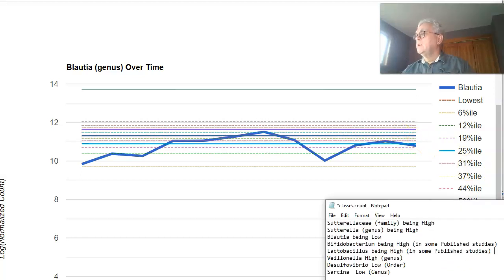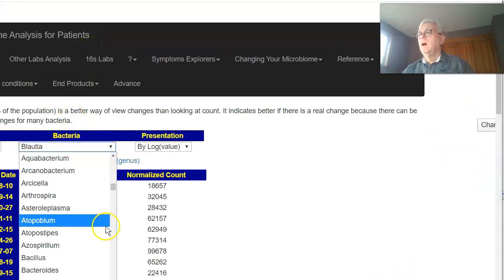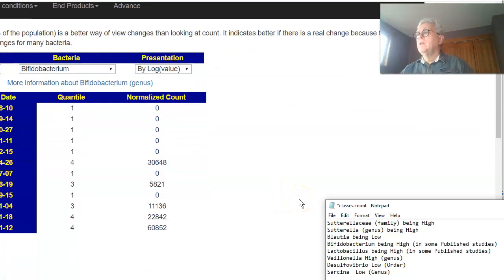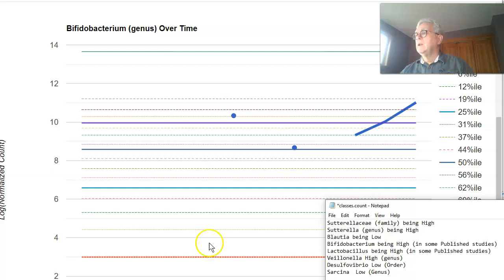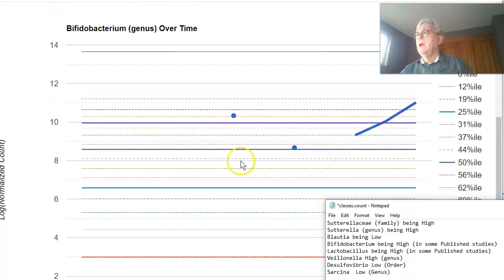The next one on the list is Bifidobacterium, and Bifidobacterium is what I call a split, as in some are high and some are low, and in this case the most common pattern is high. And what we find is a real odd pattern. Most of them are low, and then we have them going into the top 25%. So it seems to be what I call a volatile one. Most of the time you notice the no dots means there was absolutely none.